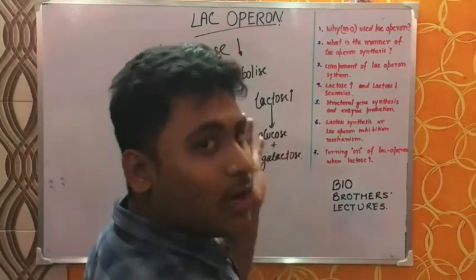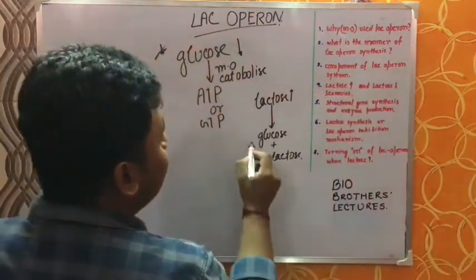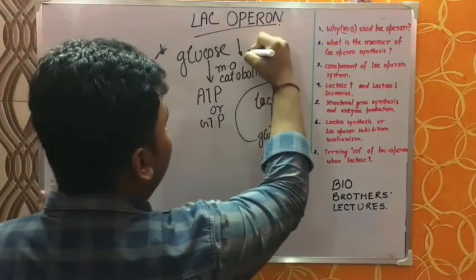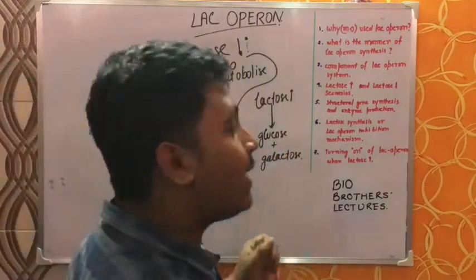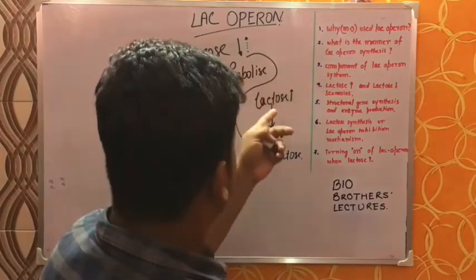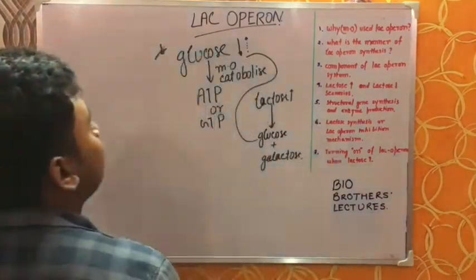Which enzymes catabolize it? We will talk about it later. So this glucose goes in, the concentration goes up, and this cycle goes on, and it is able to produce energy out of this lactose. Okay, complete.